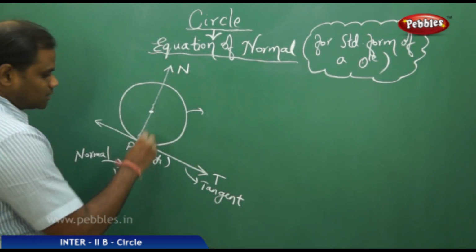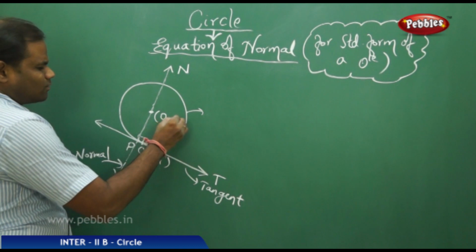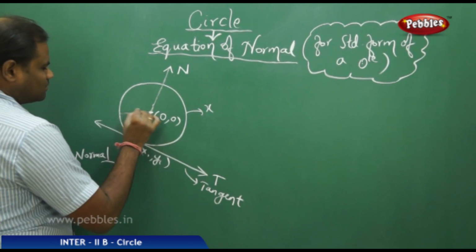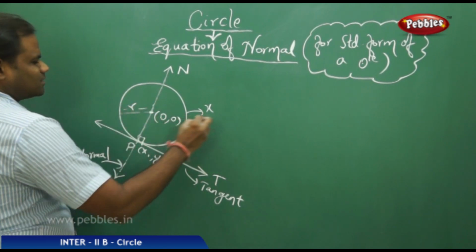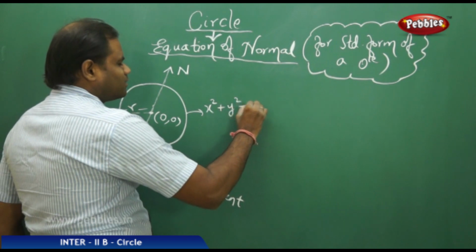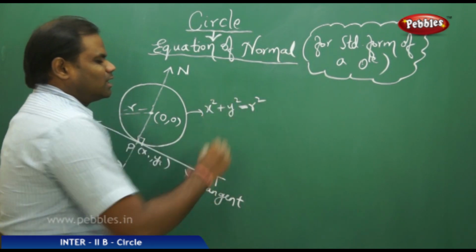That is, if the circle has center as origin and the radius is r, then the circle has the equation in the standard form as x squared plus y squared equal to r squared.